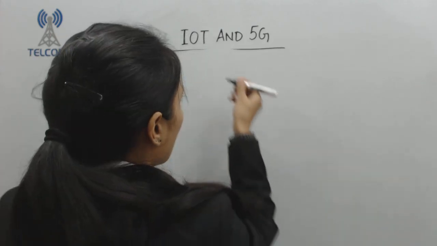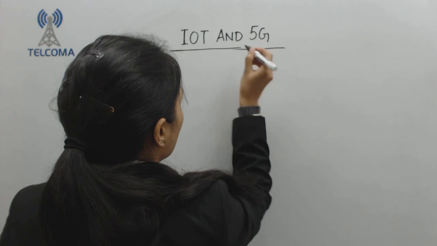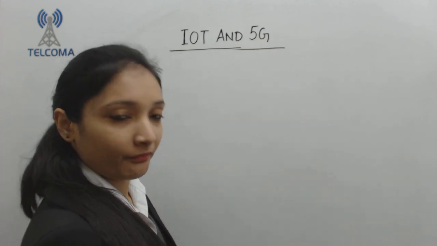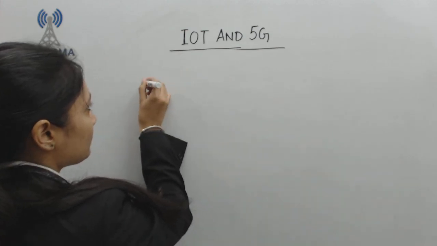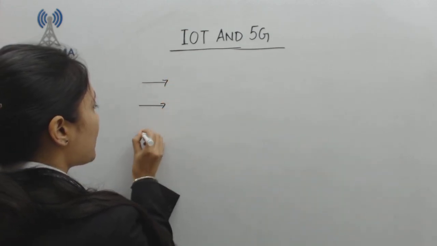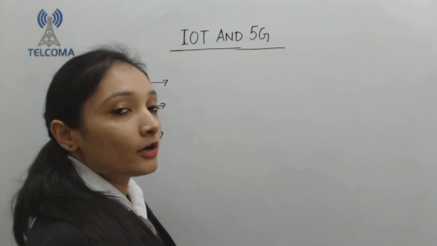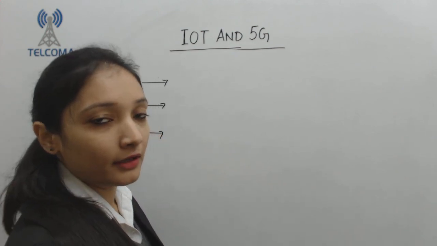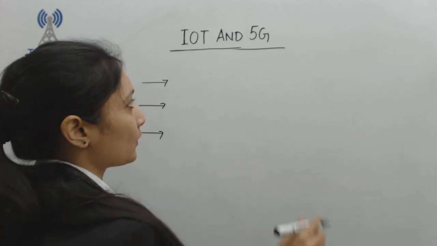Now, for the upgradation of your fifth generation of cellular technology, the basic new things which are introduced will be greatly used in your Internet of Things, and will enhance the connectivity level for the various smart devices around us.